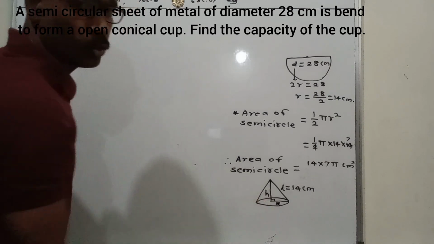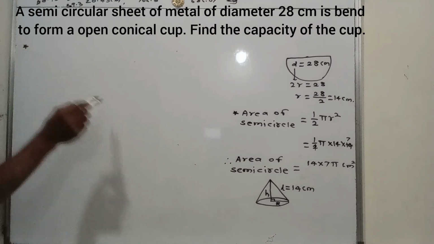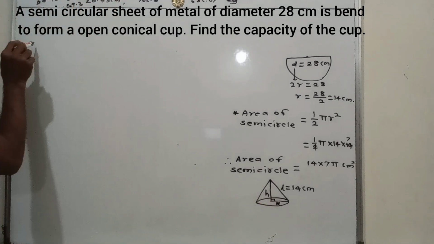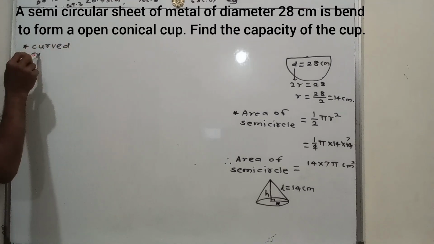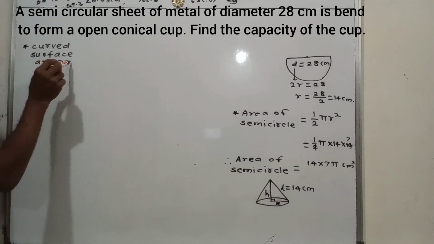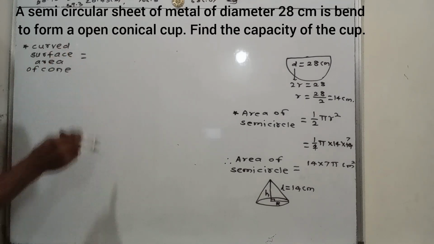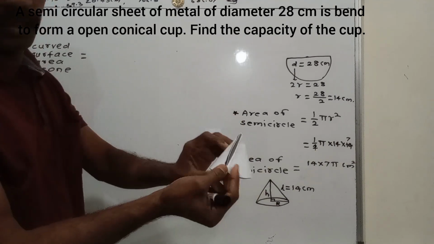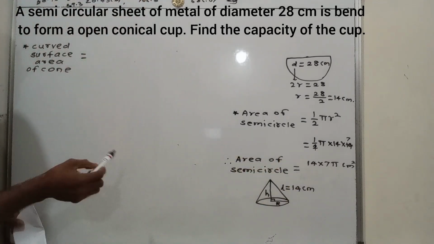Then first we will find the radius of this conical cup. Now the curved surface area of the cone is nothing but the area of the semicircular sheet.